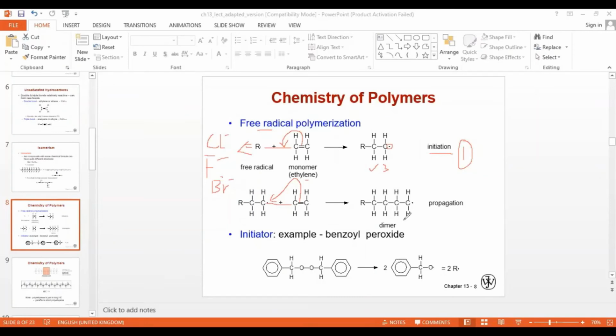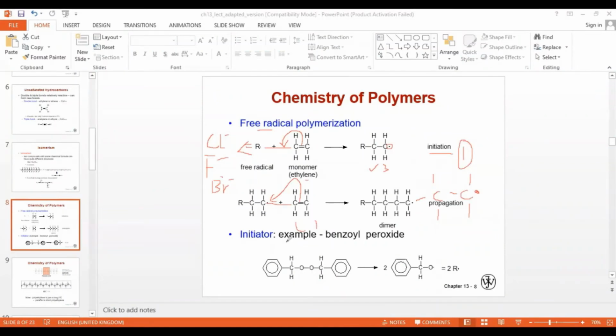In the next stage, another monomer will join with this. So I will add plus 2C plus 4H, 2 more carbons, 4 more hydrogens, and there will be a dot for the next monomer to add. This is how this reaction will propagate.